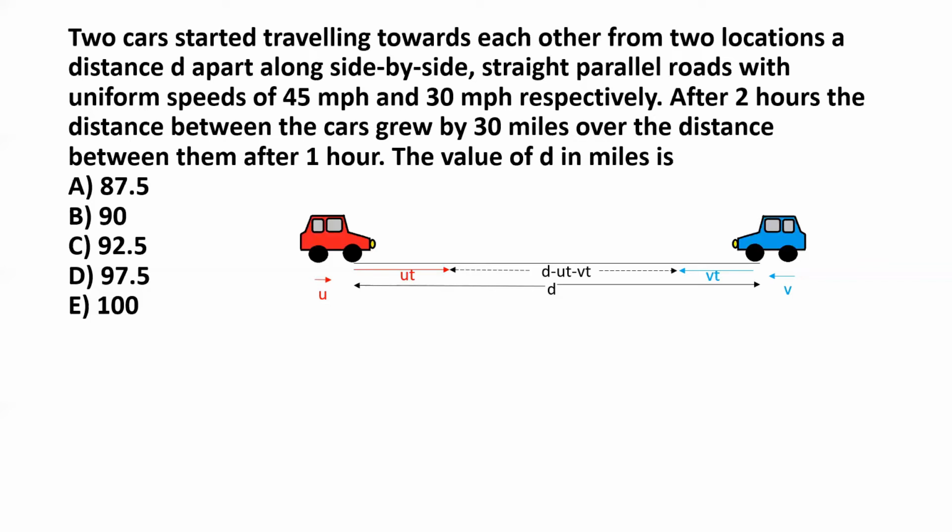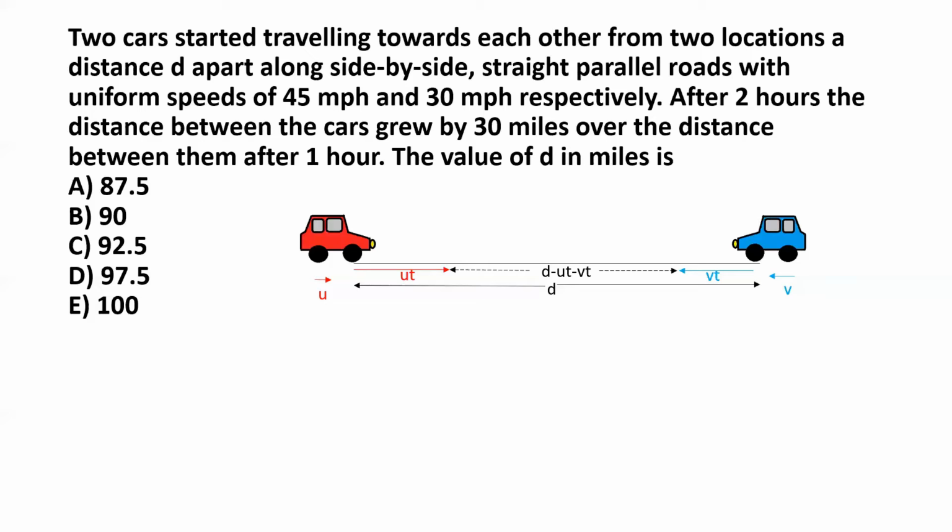This is very clear from this particular figure, right? That's why it helps to have this pictorial representation of the problem. Remember, this is before the cars have crossed each other. So that's how their separation will look after a time of t.